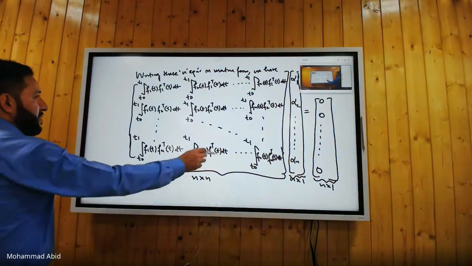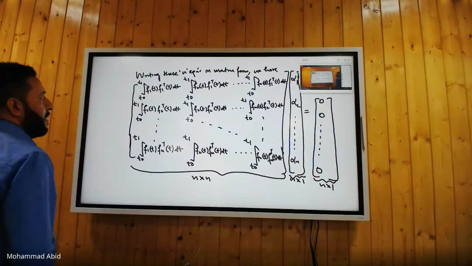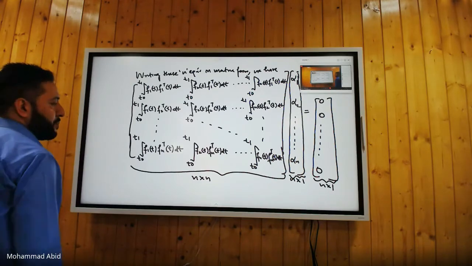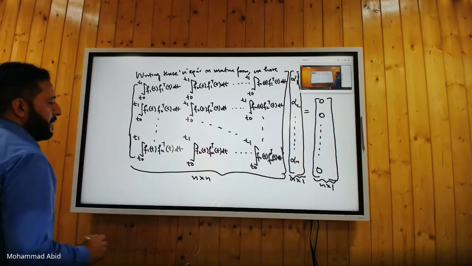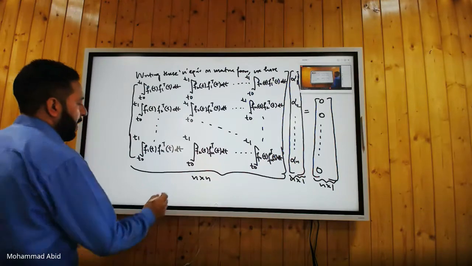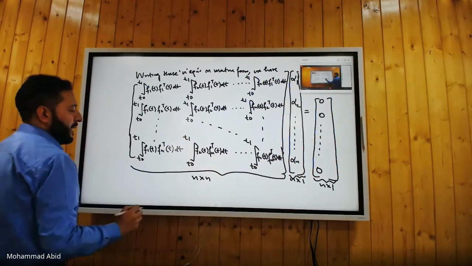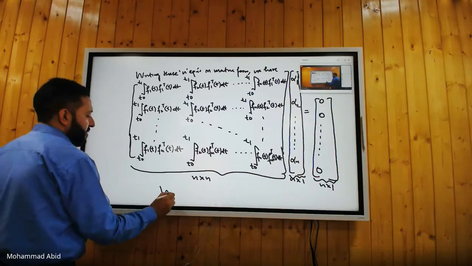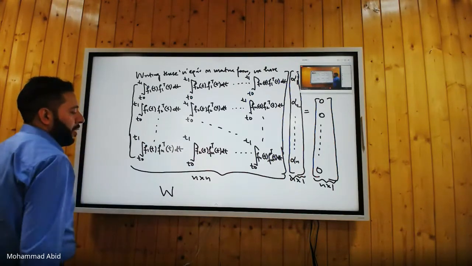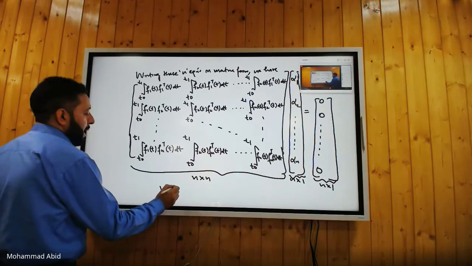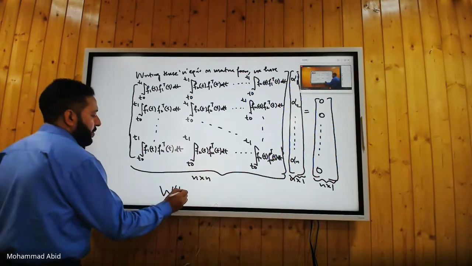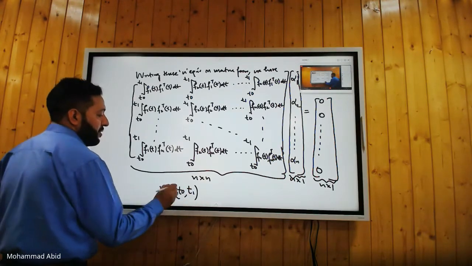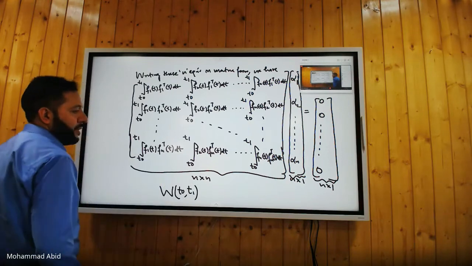Now this n cross n matrix, when you evaluate it over the integral t naught to t1 for all the elements, you'll get it as a constant matrix. This set of equations I can write in compact form as, I name this matrix as W, and it has been evaluated over the interval T0 to T1.